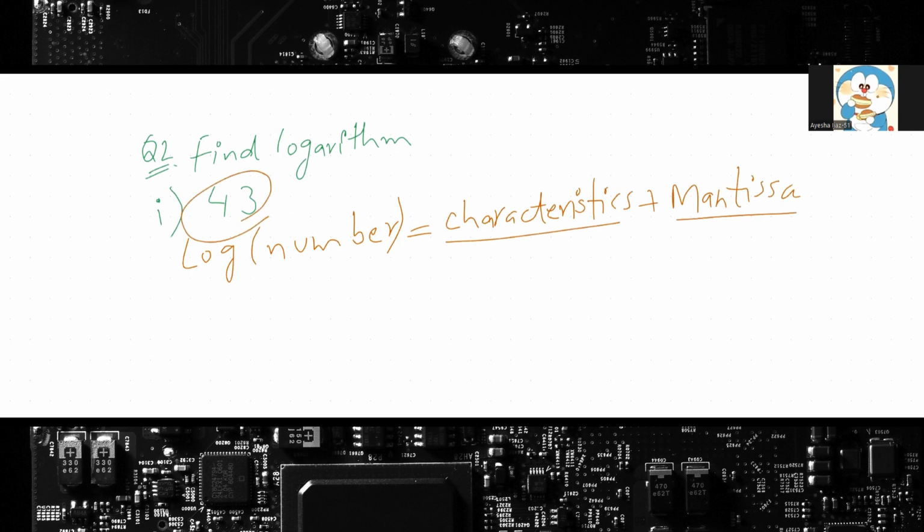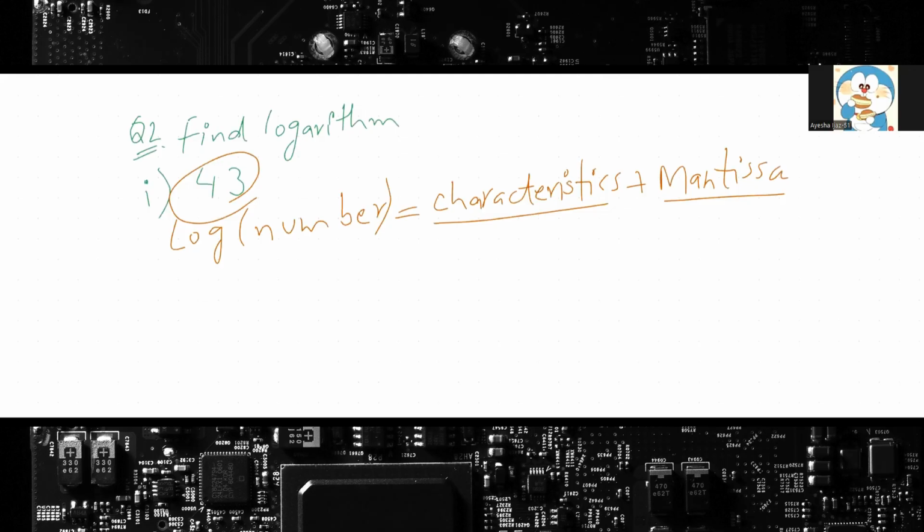Okay, so now you can find the characteristics of the number 43, right? So how will we find it? Let me do it over here. I can write 43 in scientific notation like this: 4.3 multiplied by 10 raised to the power 1, right?